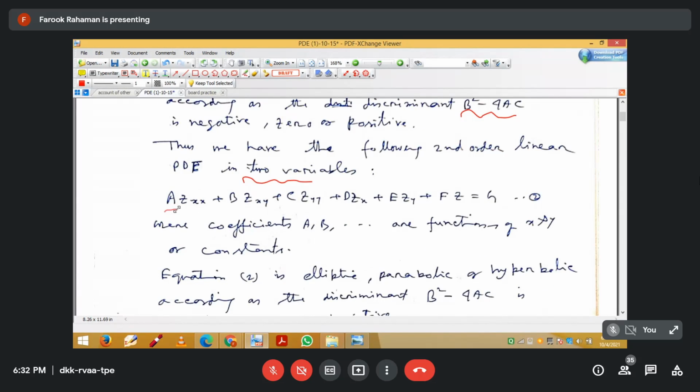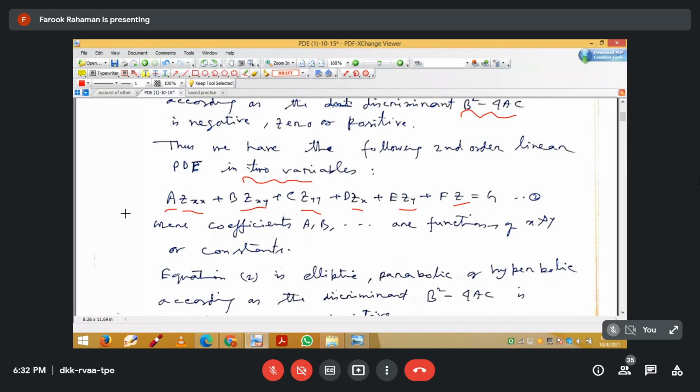Suppose a is the partial derivative twice with respect to x, the mixed derivative in x and y, the twice derivative with respect to y, and the first derivative with respect to x and first derivative with respect to y, and z is the dependent variable, and g, f, e, d, c, b, and a are functions of x and y or constants.